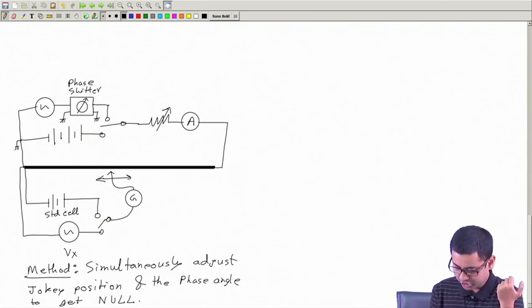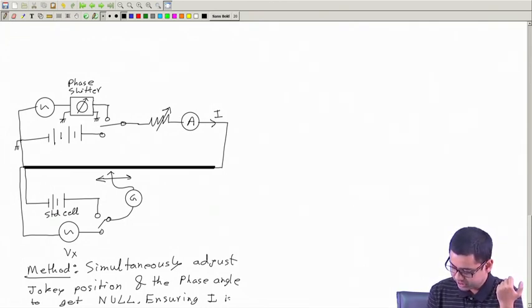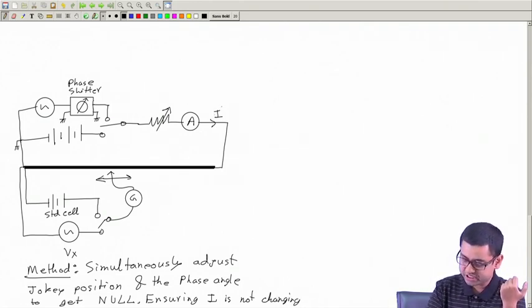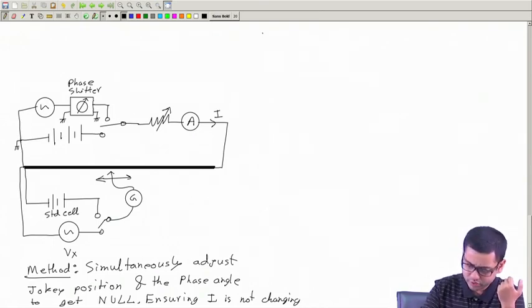Ensuring this current I does not change, its value should be the same as the value which we got during the standardization or calibration phase when we used this standard cell. Now, this is the schematic. Actually, that's mainly all.